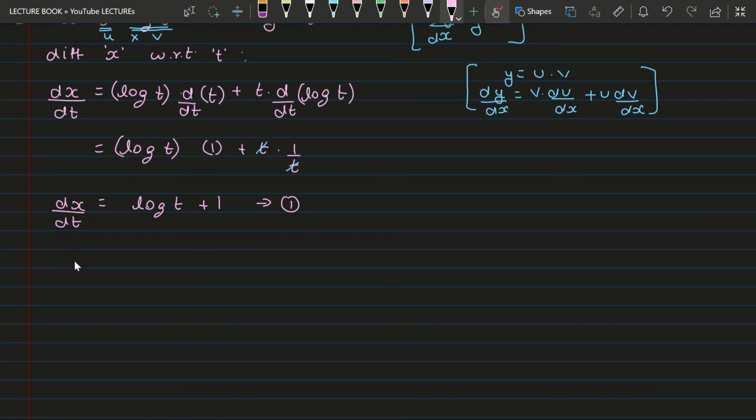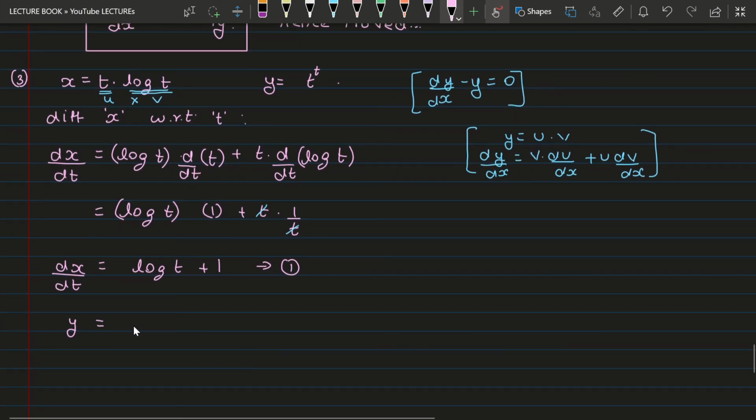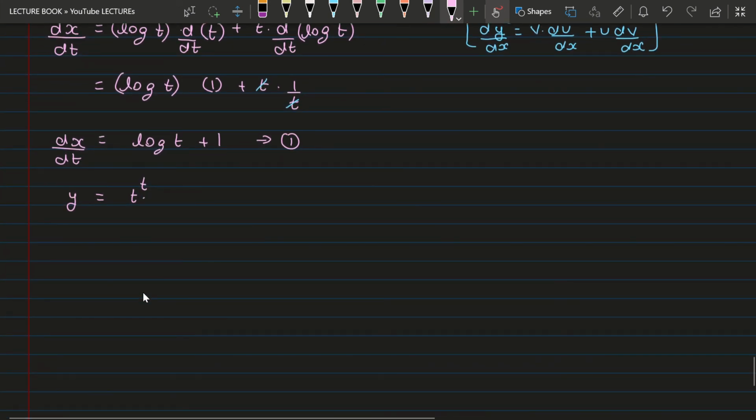When I want to differentiate y with respect to t, let me write y for you once again over here. T to the power t. Students, this is in the form of variable raised to variable, and therefore in order to simplify this, directly we cannot differentiate, but you have to take log over here on both sides.